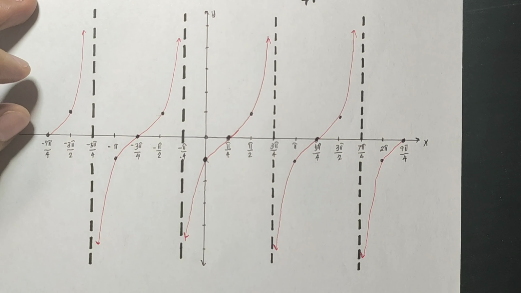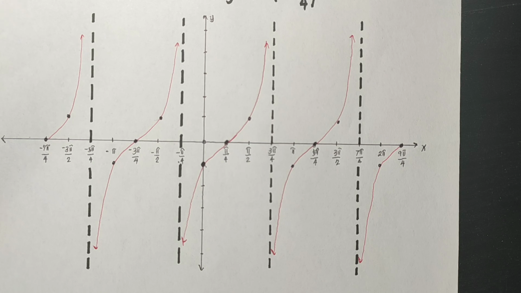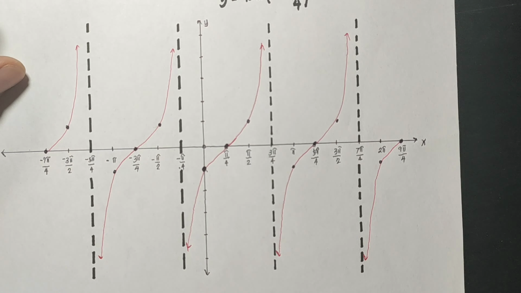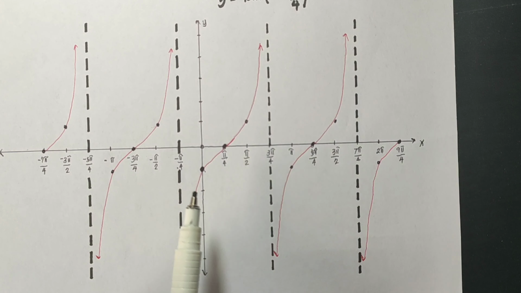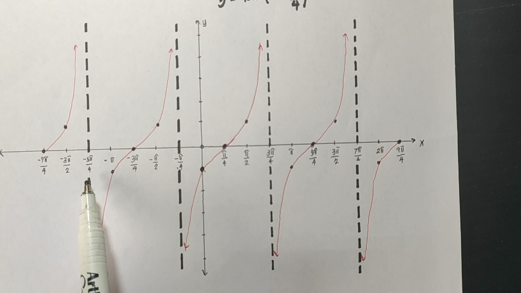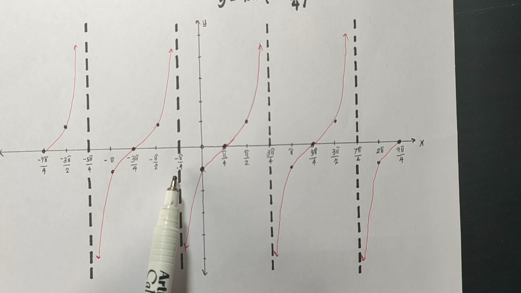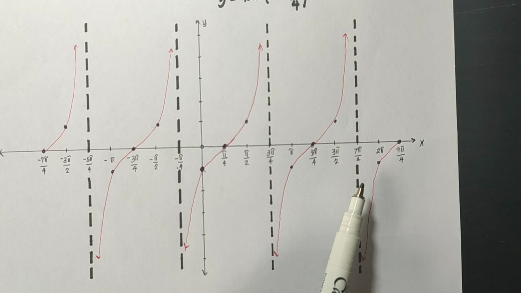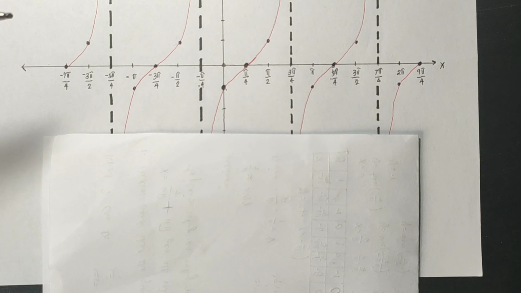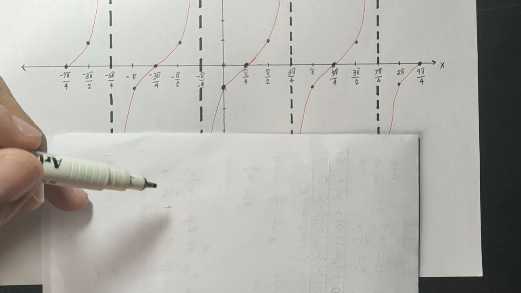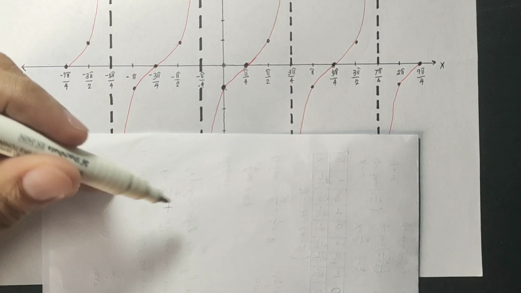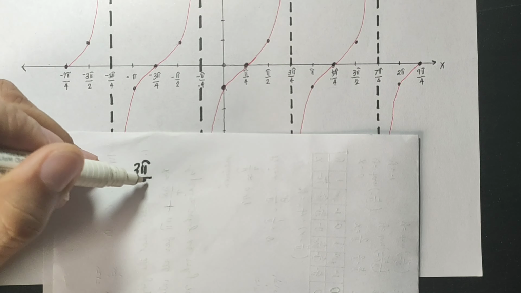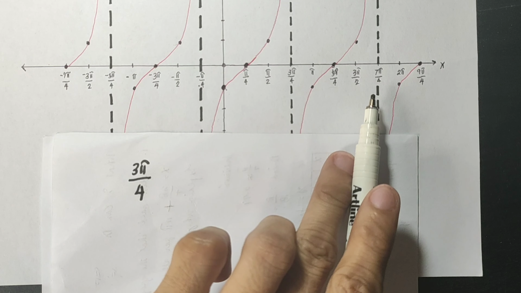Let us have now the asymptotes. As you can see, the vertical asymptotes occur at negative 5 pi over 4, negative pi over 4, 3 pi over 4, 7 pi over 4, and so on. In other words, the vertical asymptotes start from 3 pi over 4, and then the next is 7 pi over 4.